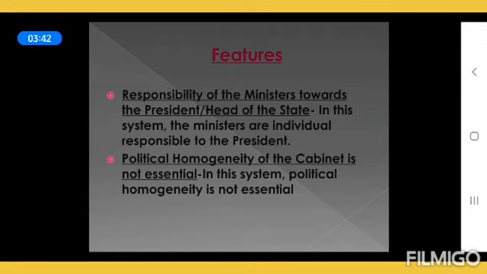Though the features of the parliamentary and presidential governments are basically different from each other, both are equally powerful, both are equally popular, and work as liberal democratic governments. I hope you have understood these features of the presidential form of government.